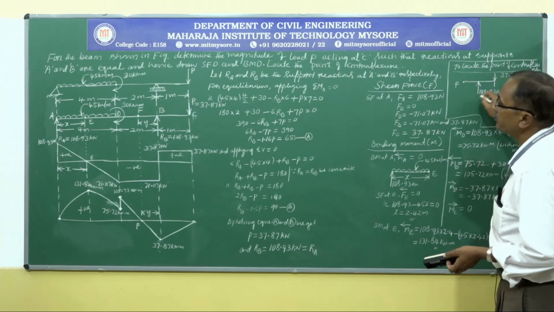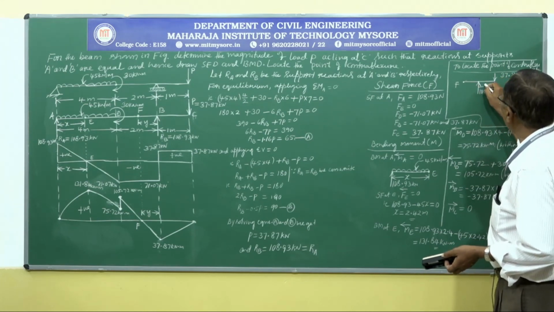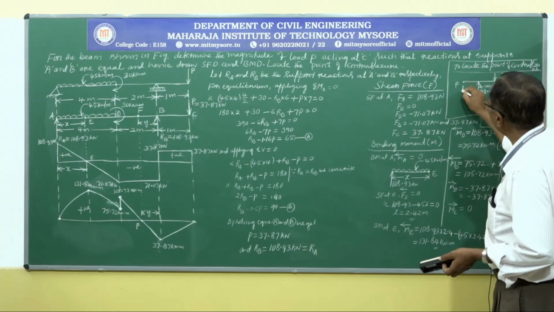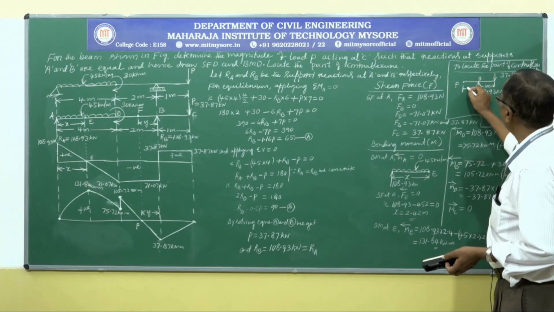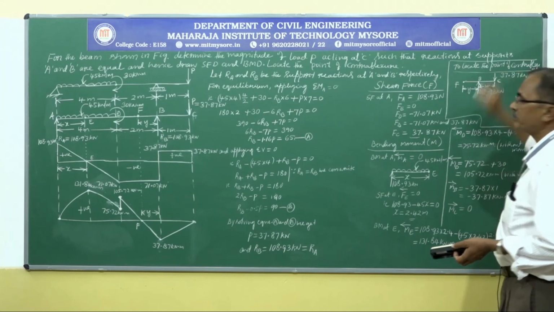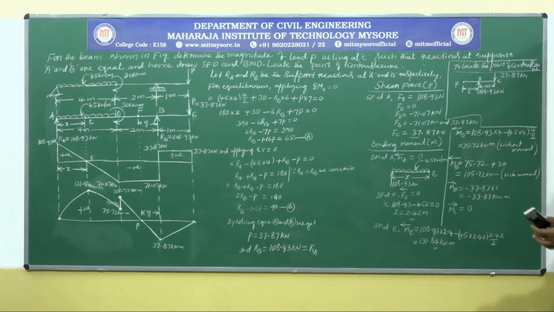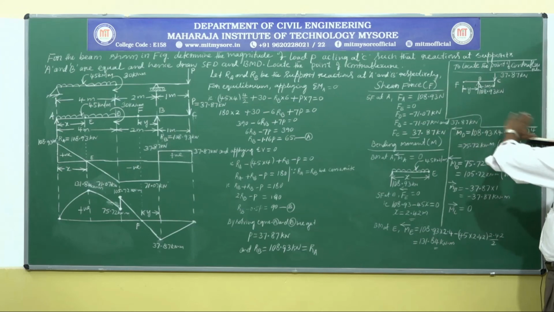The distance from B to C is 1 meter, and the distance from F to B is the Y value, and this is C. I just consider the portion of the beam to the right hand side of F, and here it is pasted.